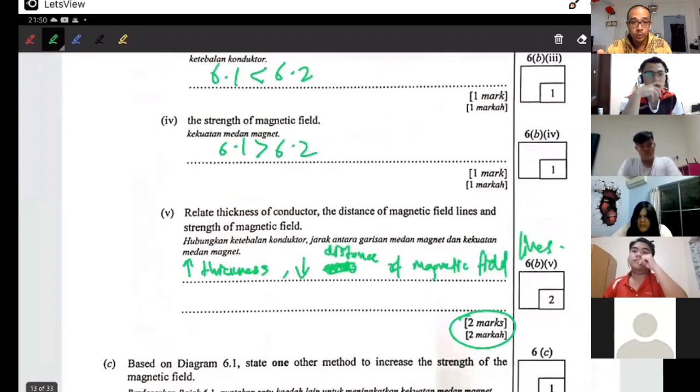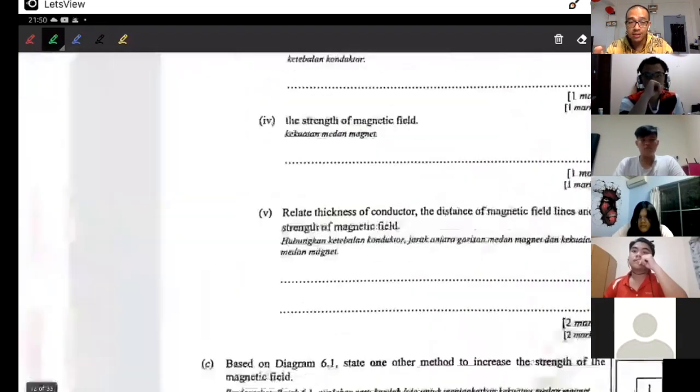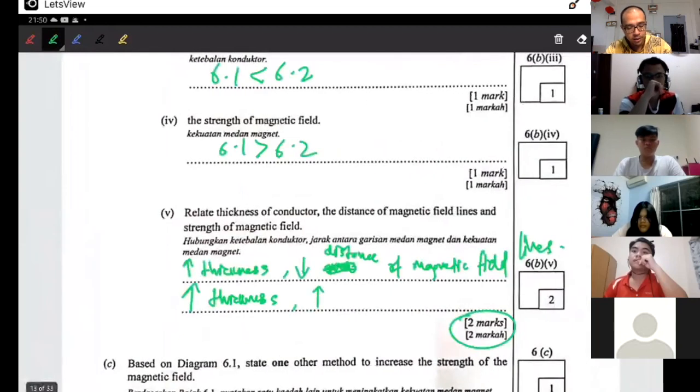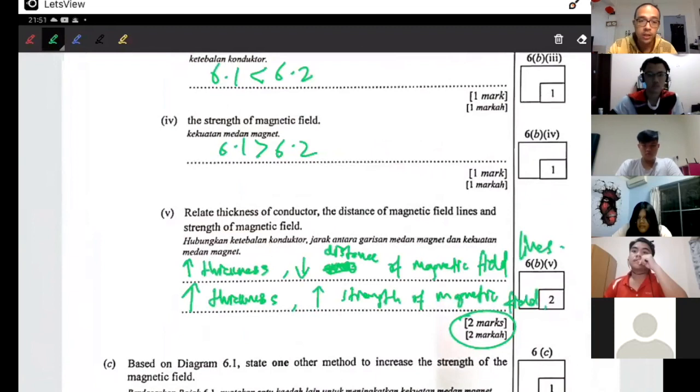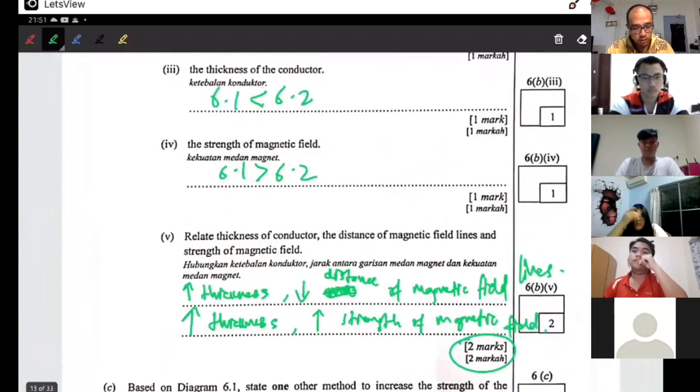So another one would be the strength of the magnetic field. The bigger the thickness, the bigger the strength of magnetic field. Am I doing this correctly? Is it correct? Yeah, strength of magnetic field.